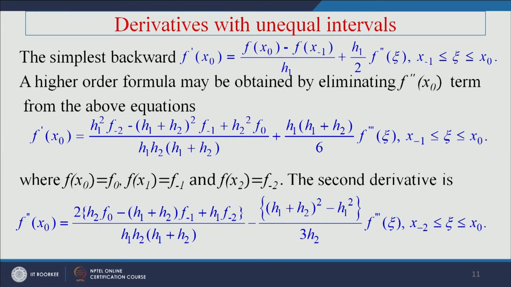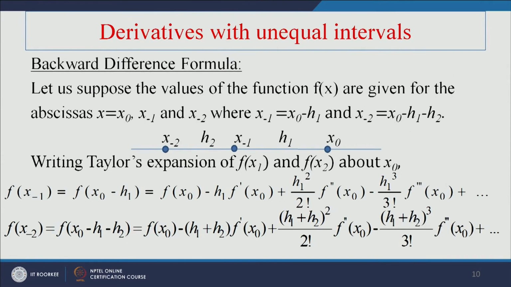Similarly, a higher order formula may be obtained by eliminating f double dash of x0 from both these equations. To eliminate f double dash of x0 from these two equations, we have to multiply by h1 plus h2 whole square in the first equation and h1 square in the second equation.